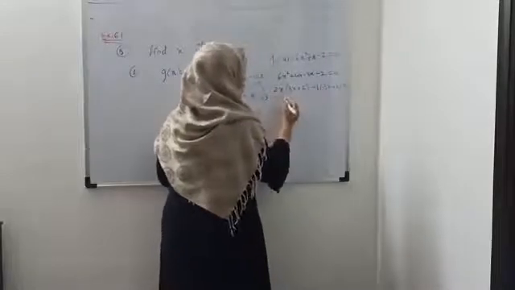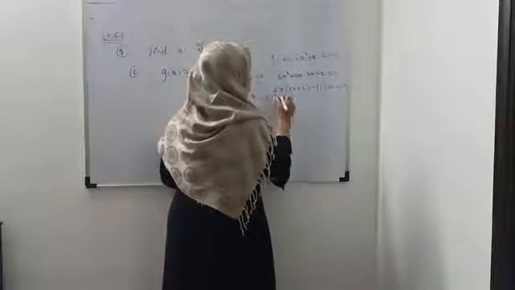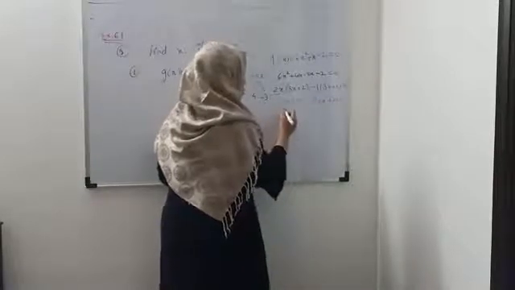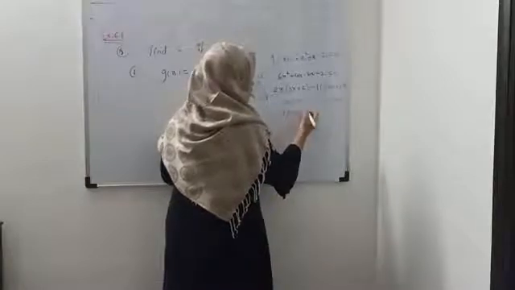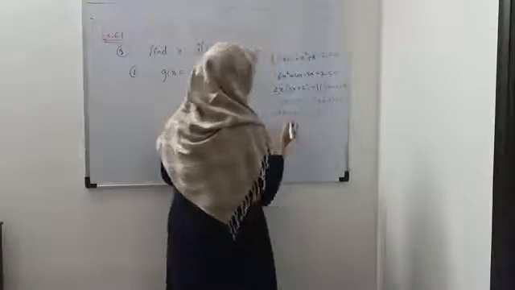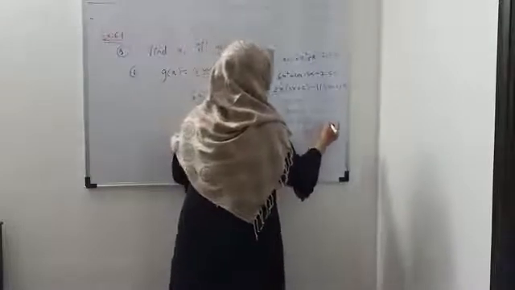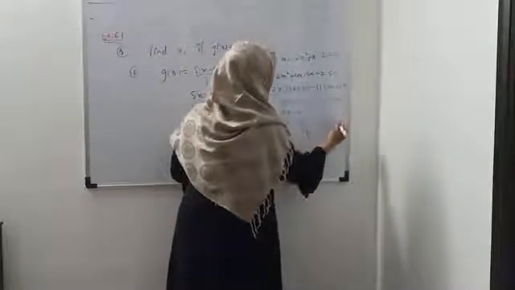So from here 3x plus 2 is equals to 0 and 2x minus 1 is equals to 0. That means 3x is equals to minus 2, 2x is equals to 1, x is equals to minus 2 upon 3 and x is equals to here half.